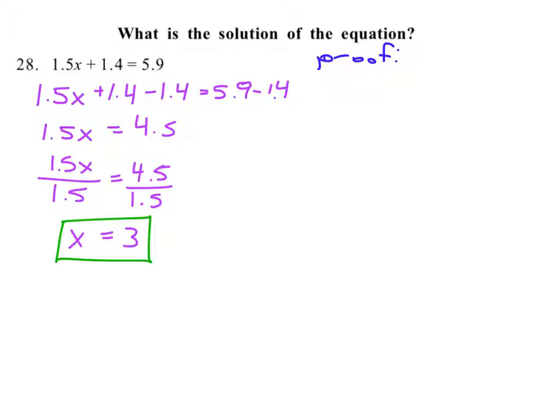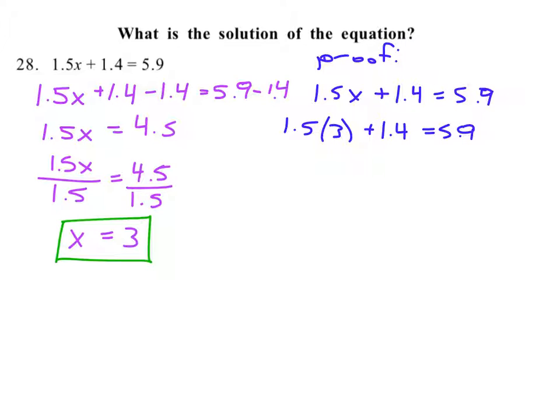Now, let's see. 1.5x plus 1.4 equals 5.9. And then 1.5 parentheses 3 plus 1.4 equals 5.9. And this multiplies out to be 4.5, so 4.5 plus 1.4 equals 5.9.